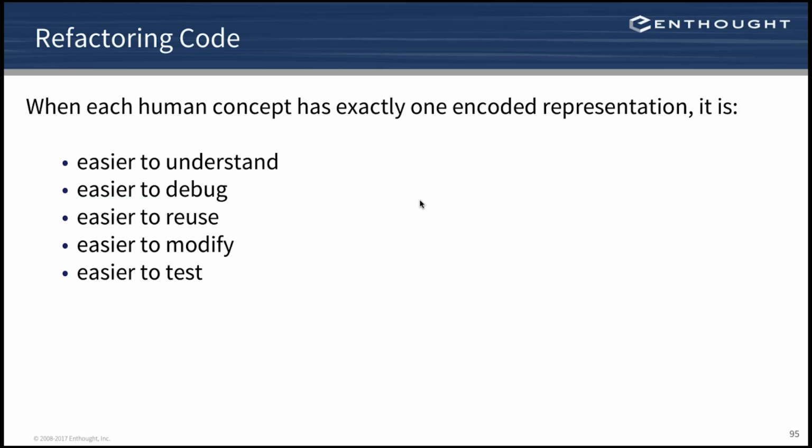For example, if each function represents one concept in our human mental space, that's a much more manageable state of affairs than having a few functions that have very complicated logic and do a whole bunch of different things. Those become completely opaque and very hard for people to work with. And also, when you have a bug, it's a huge ordeal to try and figure out where it is and what's gone wrong.